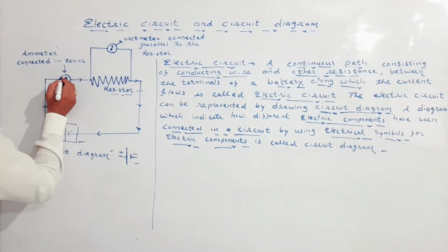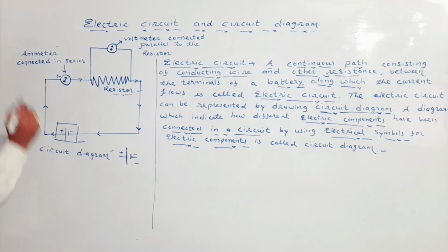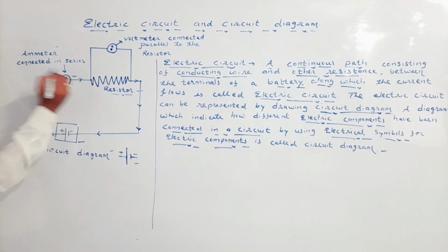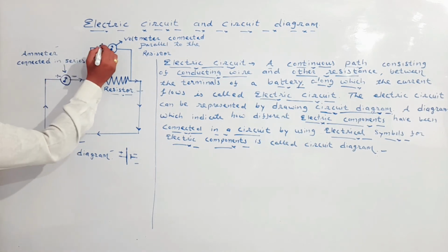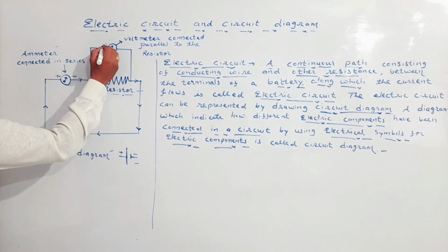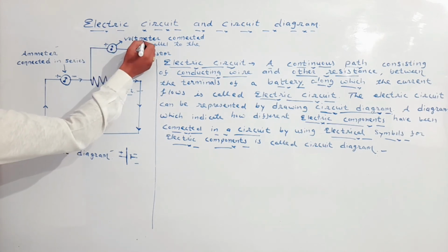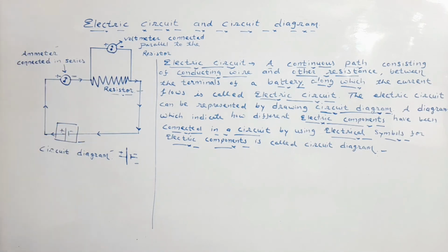The positive end of an ammeter should be marked along with the positive end of a cell, and the next terminal in the ammeter will be negative. In the same way, the positive terminal of the cell and the positive terminal of voltmeter should be marked carefully, and then another end of the voltmeter will have negative sign.